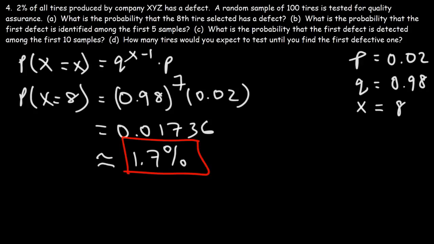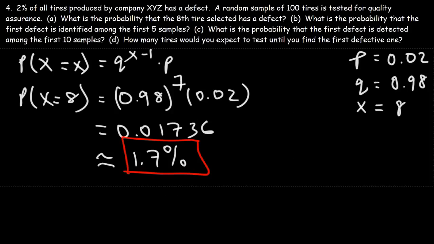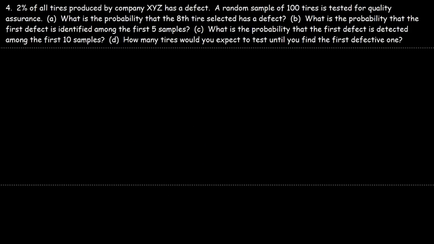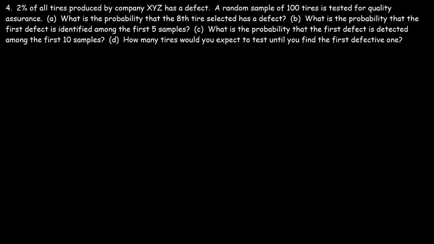Now, let's move on to part B. What is the probability that the first defect is identified among the first 5 samples? So how do we get that answer? So we need to calculate the probability where X is less than or equal to 5.